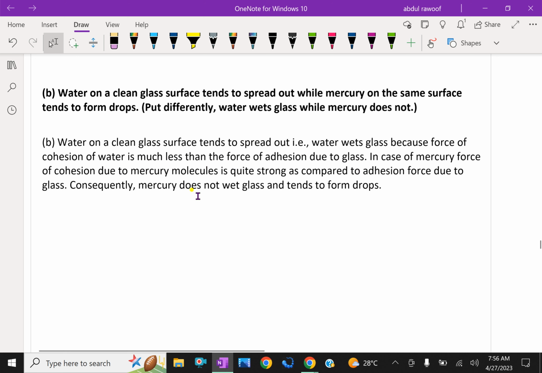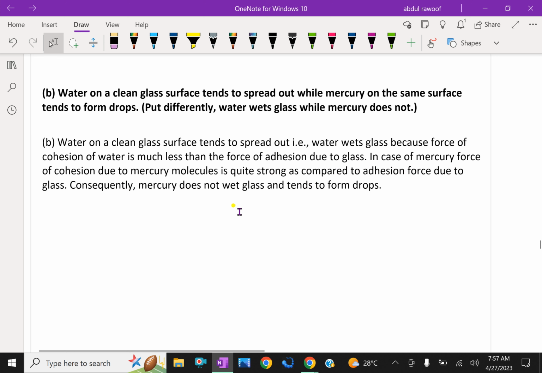In the case of mercury, the force of cohesion between mercury molecules is quite strong as compared to the adhesion. That means at the contact of glass and mercury, the coefficient of adhesion is less than the coefficient of cohesion. That means the mercury molecules attract each other more strongly than the force due to the glass.